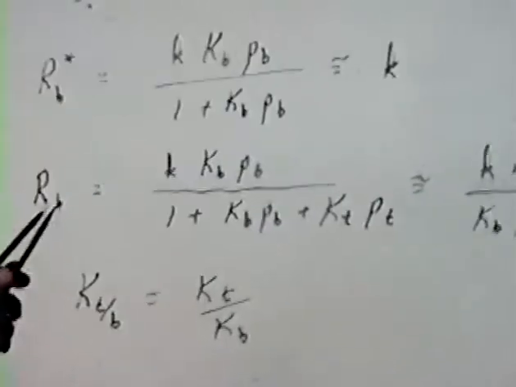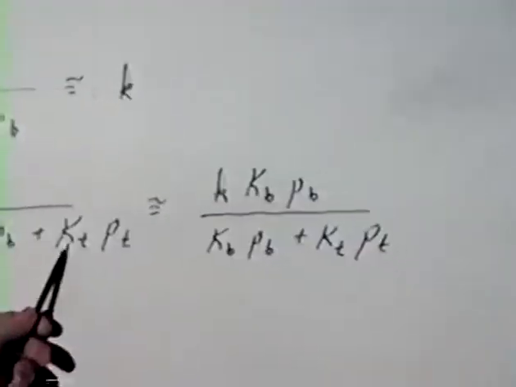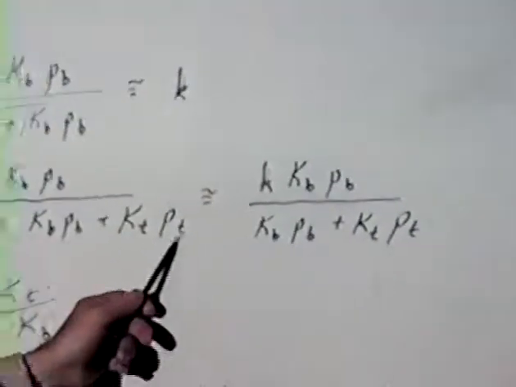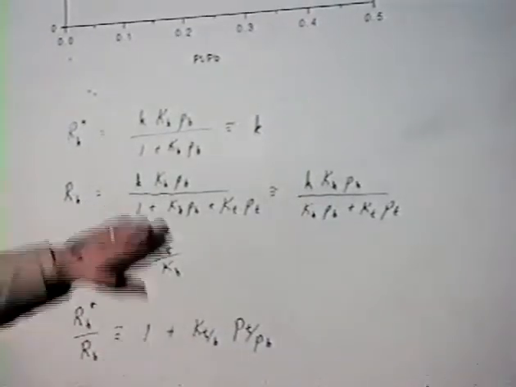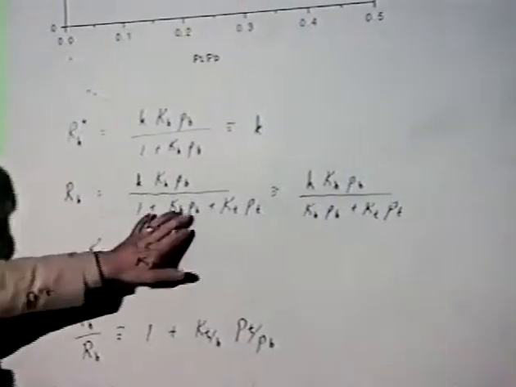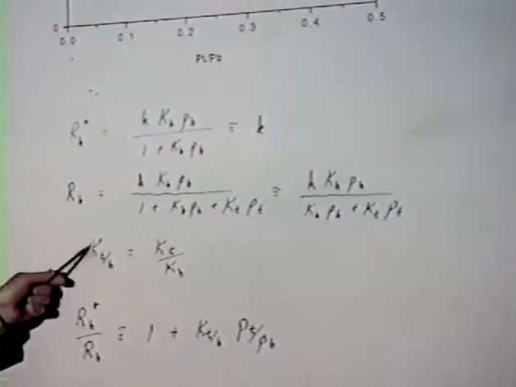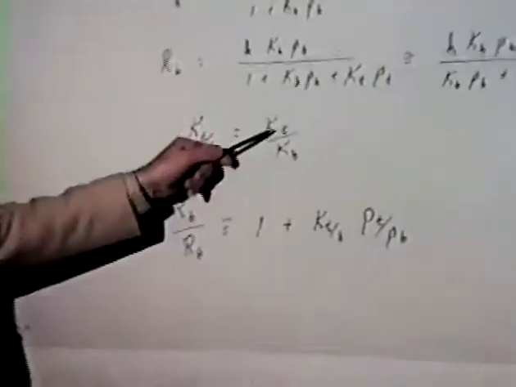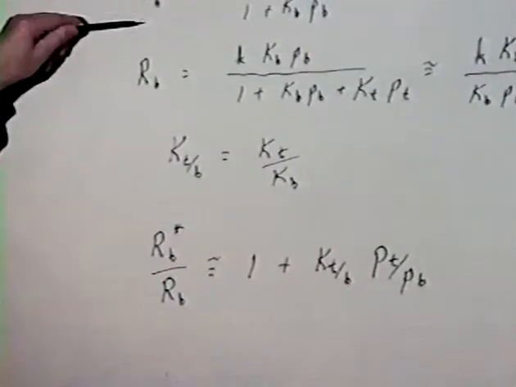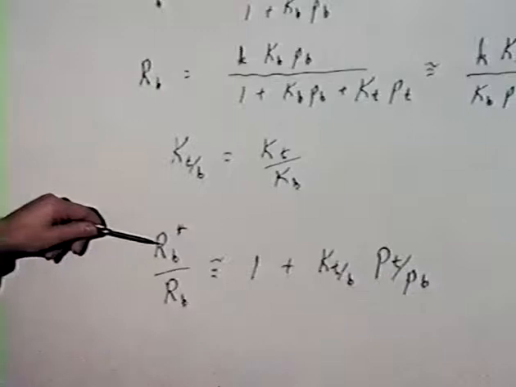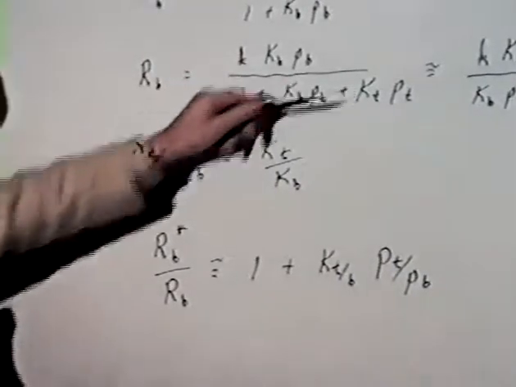Now put in some toluene. Everything's the same now, but we have another term which represents the equilibrium absorption constant and partial pressure of toluene. Again, the 1 is small compared to that, so we drop it and we get this expression. We define Kt over B as the ratio of the absorption equilibrium constant of toluene to benzene, and we take the ratio of the benzene hydrogenation neat to the benzene hydrogenation in the presence of toluene.